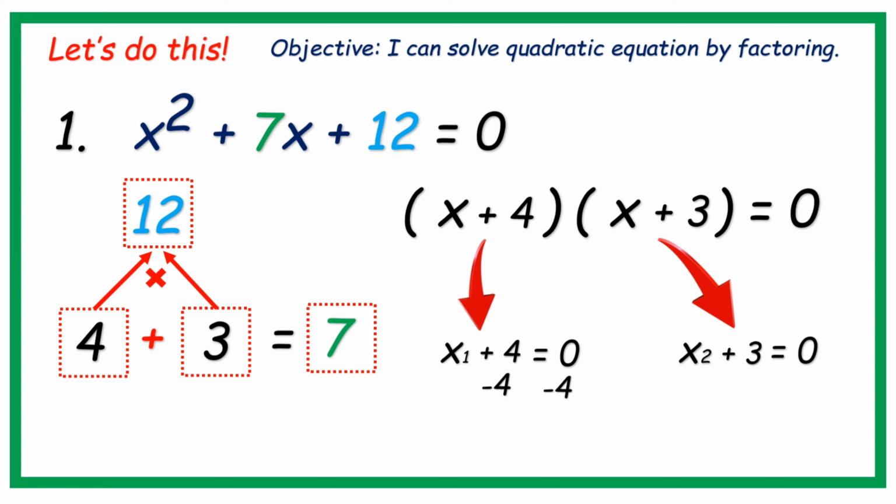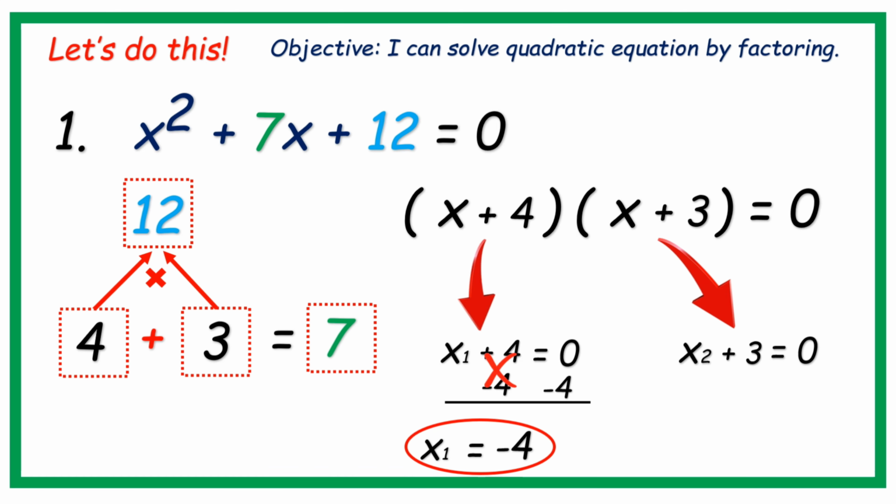So that will cancel 4, isolating our variable, which is x1. Then bring down the sign. 0 plus negative 4, the answer is negative 4. Just like that. You got it.